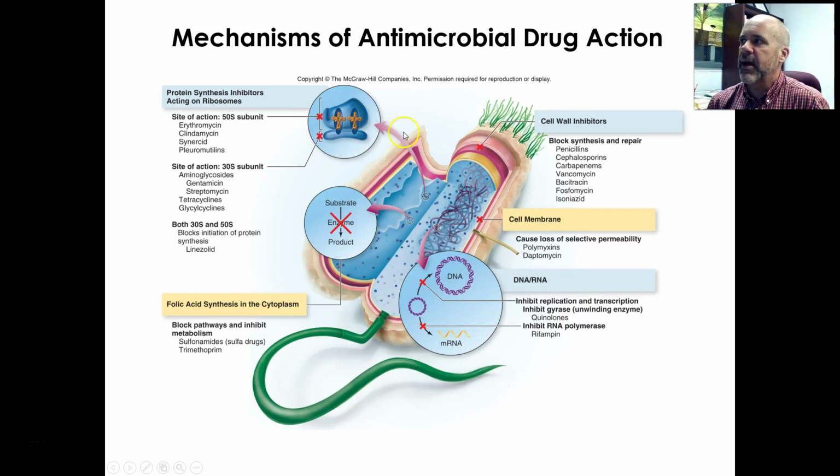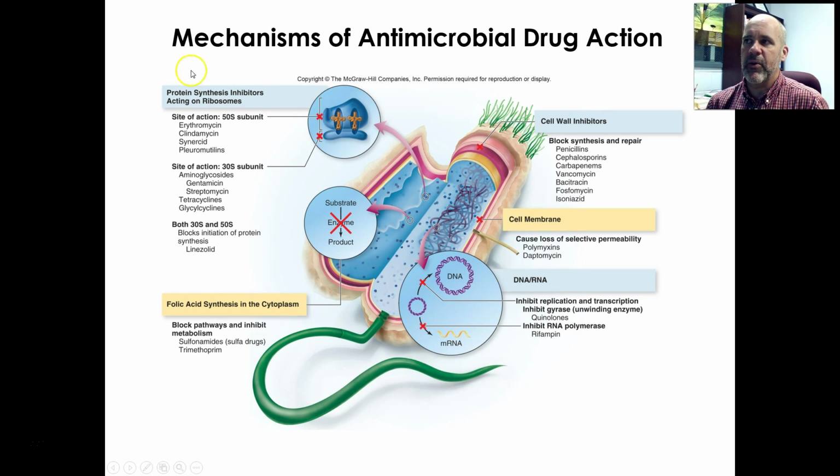So this is a pretty good illustration from your textbook, which is highlighting mechanisms of antimicrobial drug action. And of course, this is a bacterial cell, so most of these are going to be applying mainly to bacteria.